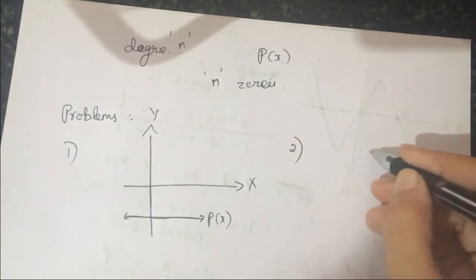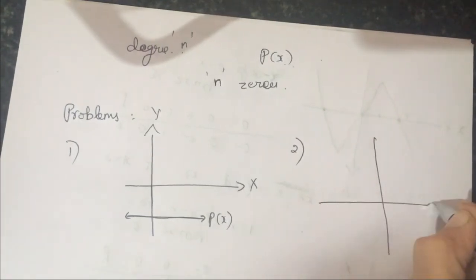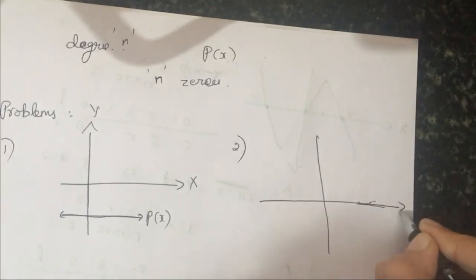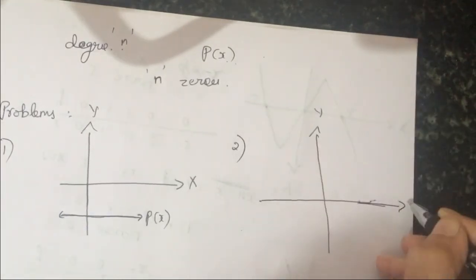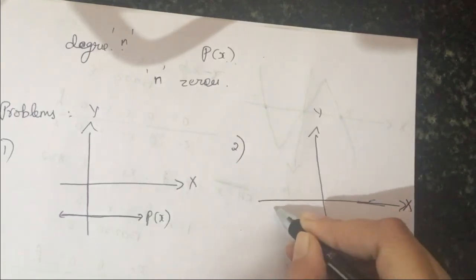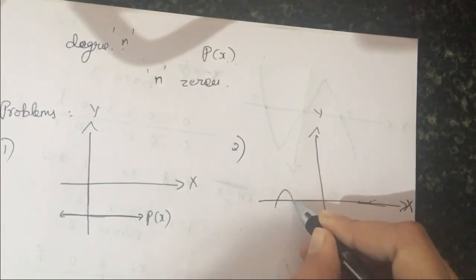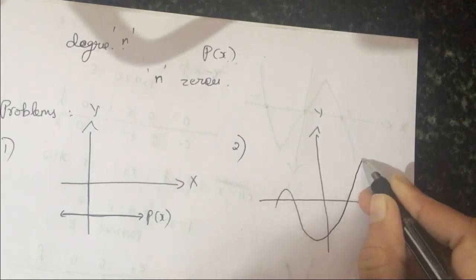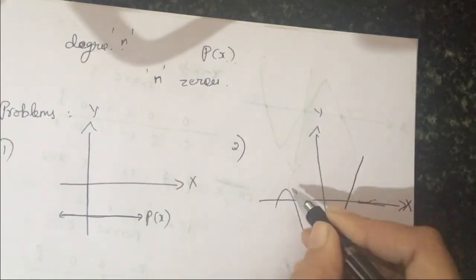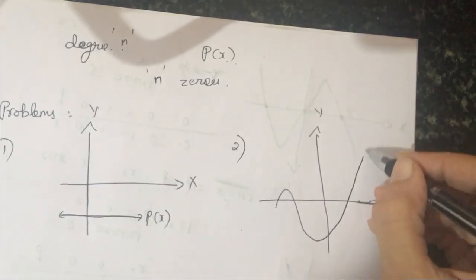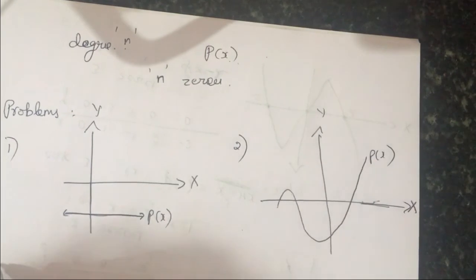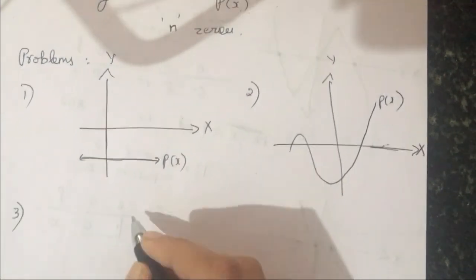And the second graph, I have something like this. This is the x-axis, this is the y-axis. Okay, I have a graph something like this. Goes up like this. Tell me how many. This is my graph of p of x. The third one.